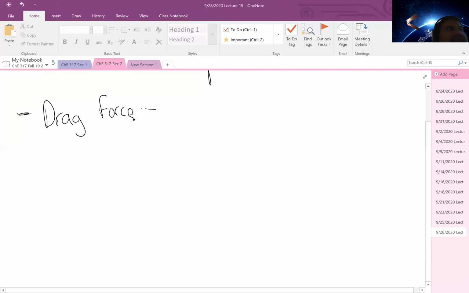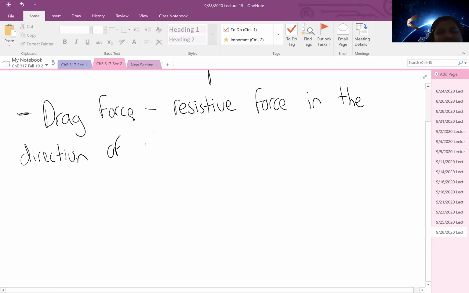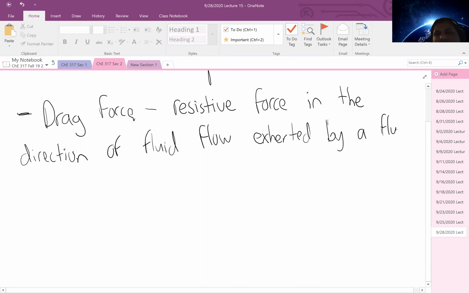So a drag force is a resistive force in the direction of fluid flow exerted by a fluid on a solid object.